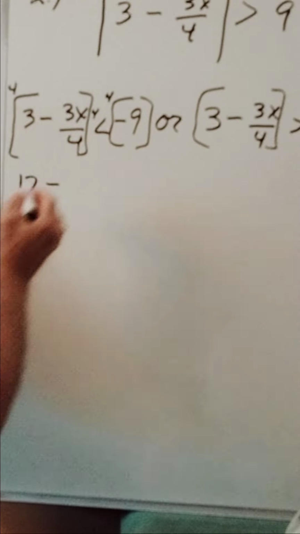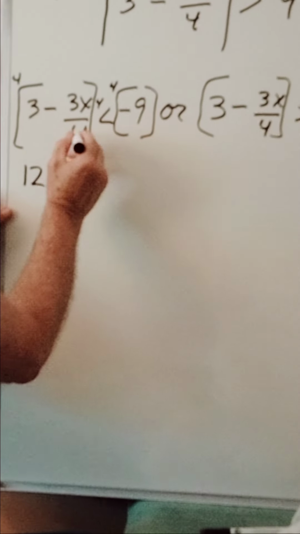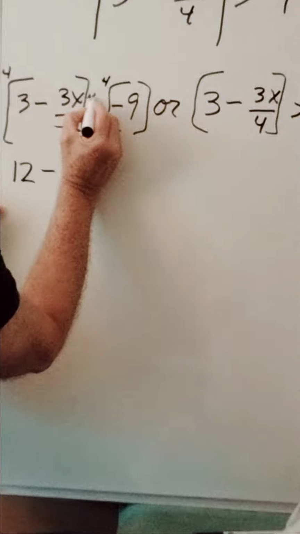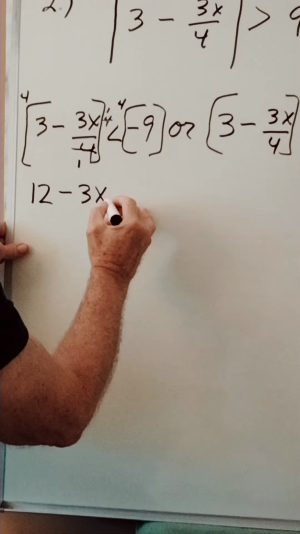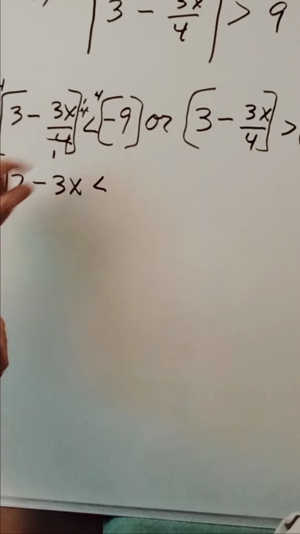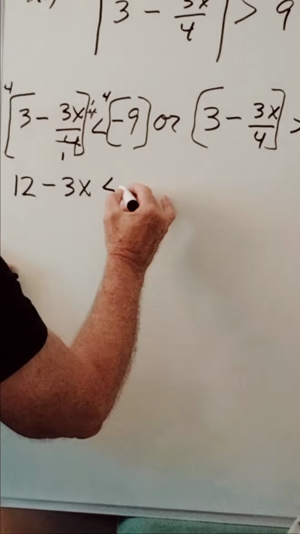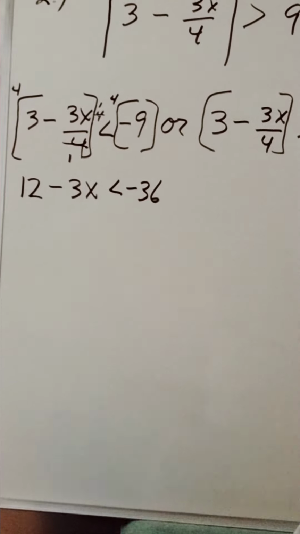Negative. The 4s will cancel out. We'll be left with 1 times a negative 3x. A negative 3x is less than 4 times negative 9, negative 36.